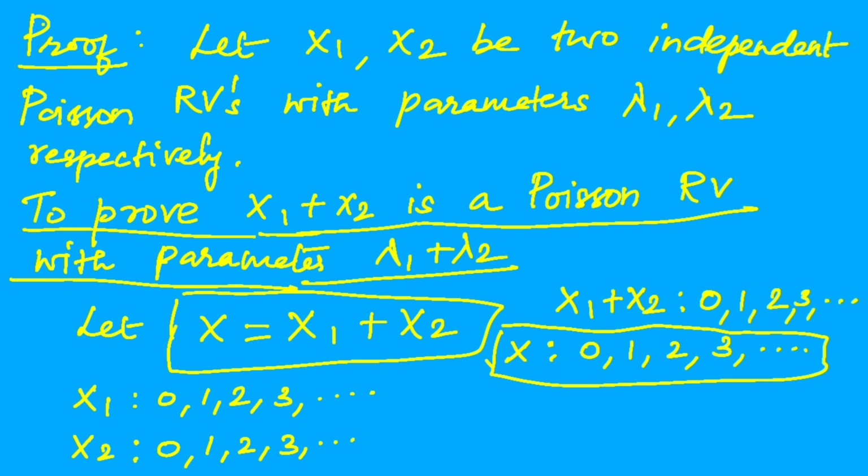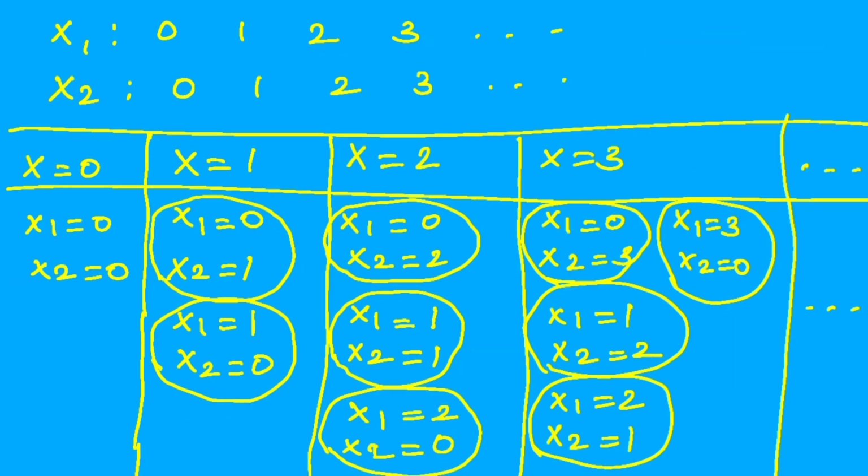Now we are talking about the values taken by these random variables. X1 is 0, 1, 2, 3, etc., x2 is 0, 1, 2, 3, etc. Then if we add these two values, we get the value of capital X, that is capital X is x1 plus x2. So capital X also takes the same set of values 0, 1, 2, 3, etc., but the way in which each value arises is mentioned in this table.